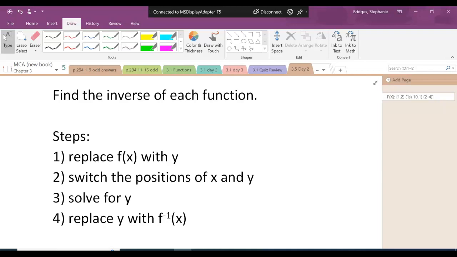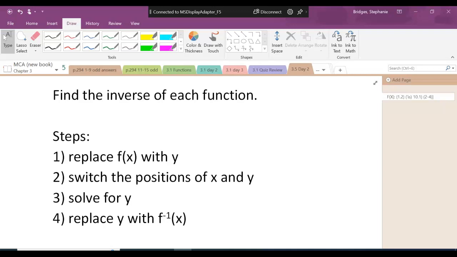Step 1 says we replace f of x with y. We've talked before about how f of x is equal to y. They're the same thing. Then after you do that, you're going to take the x and the y in your equation and switch the position. So basically, wherever there's an x, you're going to put a y. Wherever there's a y, you're going to put an x.